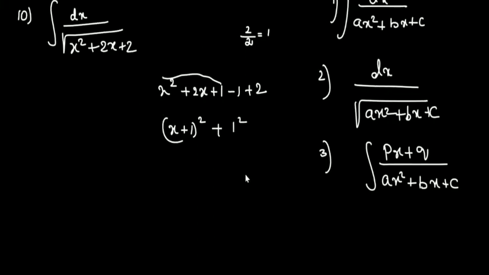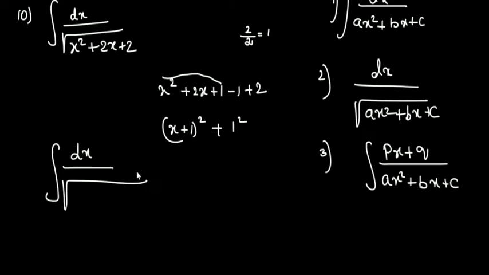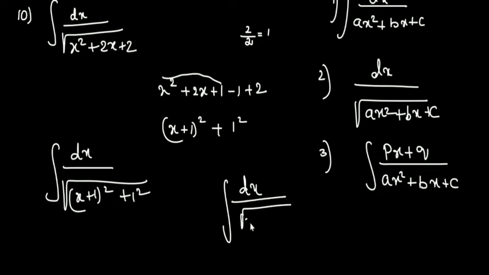So we can write this as integrate dx by root of x plus 1 the whole square plus 1 square. Now use the formula dx by root of x square plus a square equals log of x plus root of x square plus a square.